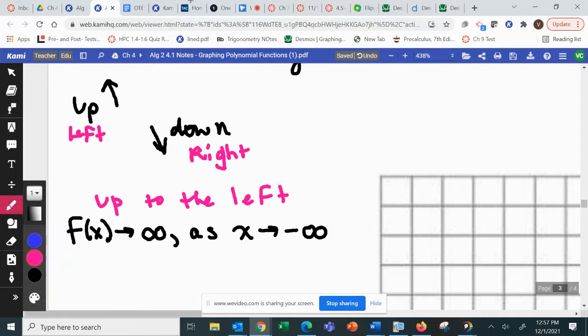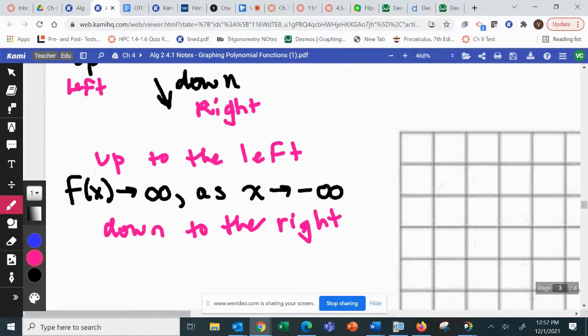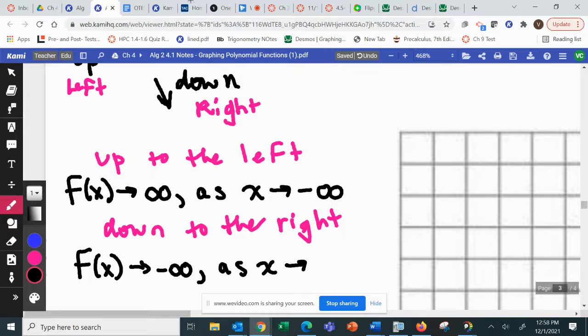And then the second thing we're thinking about is down to the right. So down to the right, I'm going to write in symbols. f of x is the y value, so that's down, and down means negative infinity, as x to the right is positive infinity. So that would be the end behavior.